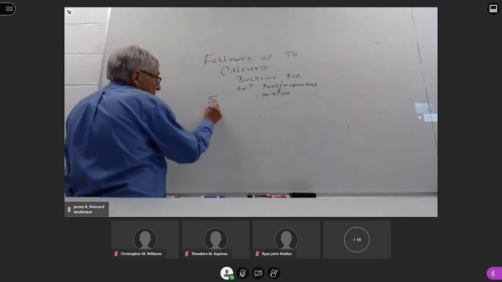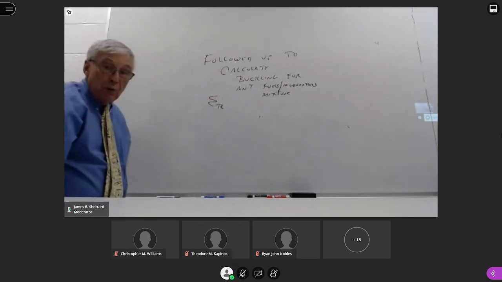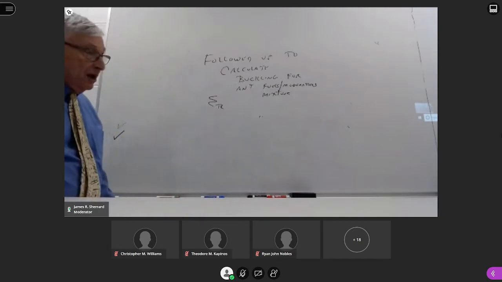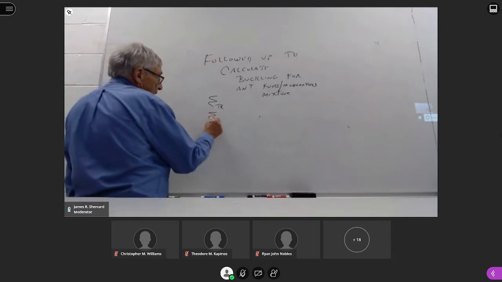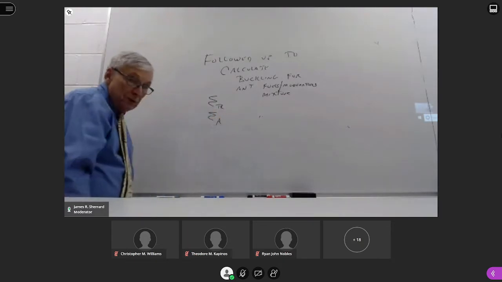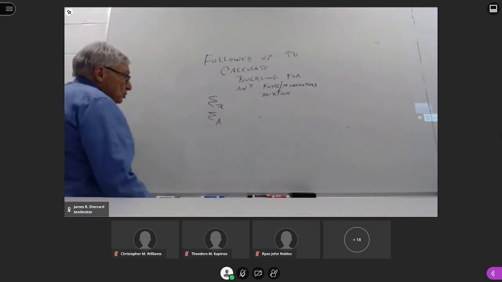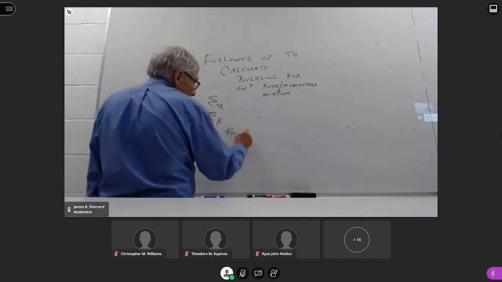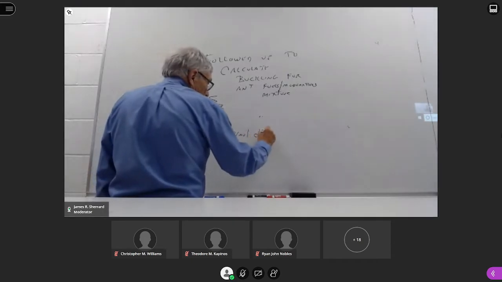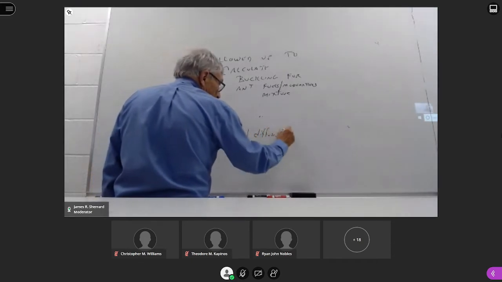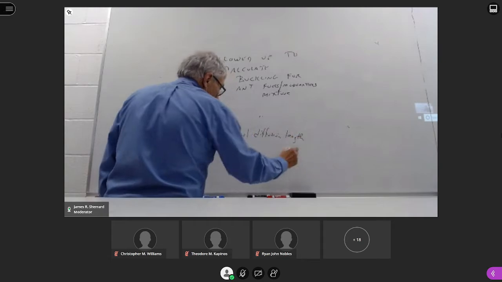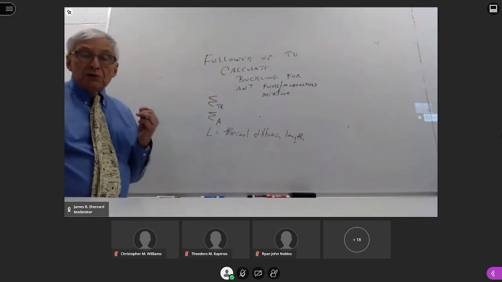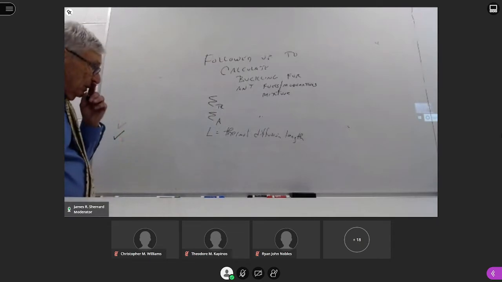Along the way, we calculated the macroscopic cross-section for transport, which is related to the macroscopic cross-section for scattering. We calculated the macroscopic cross-section for absorption. We used those to define L, which is the thermal diffusion length. And the thermal diffusion length is the distance a thermal neutron travels before it's absorbed.